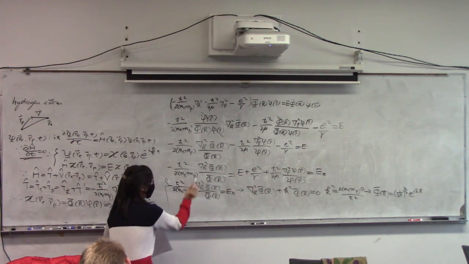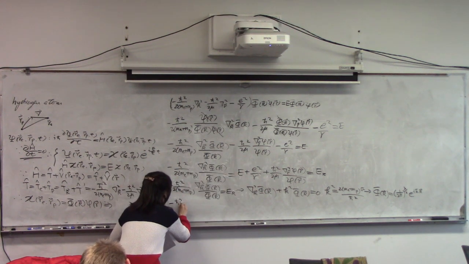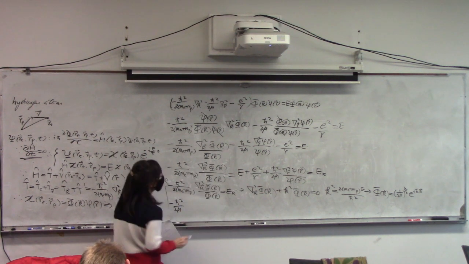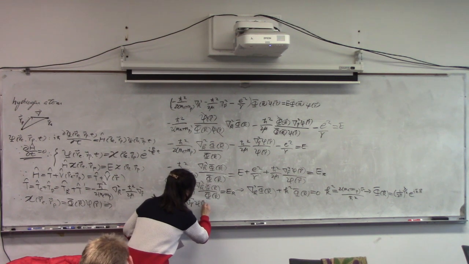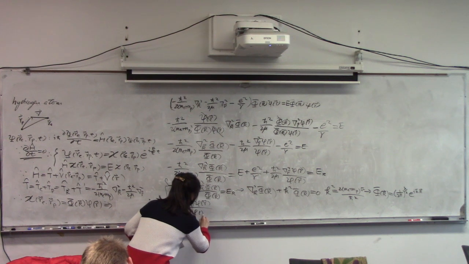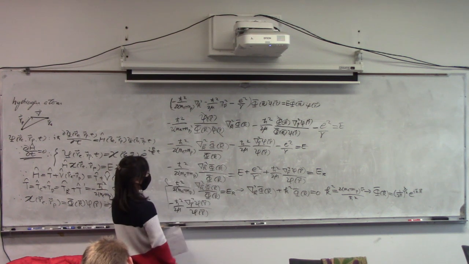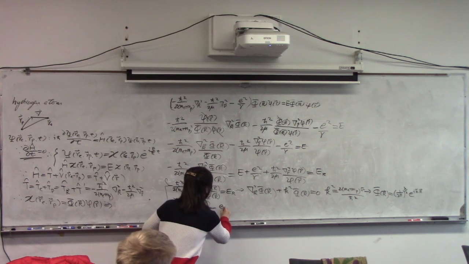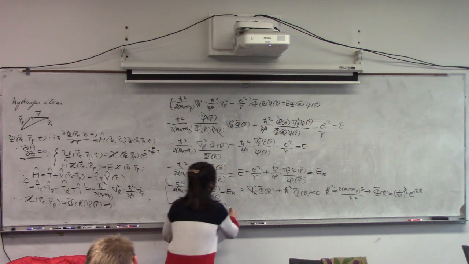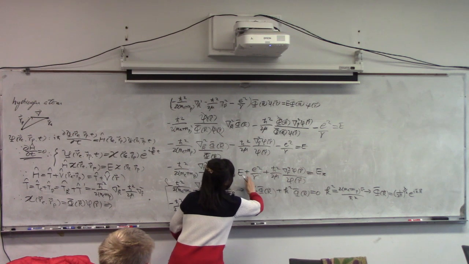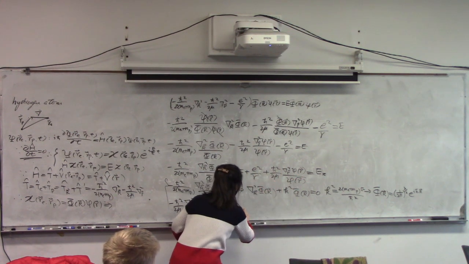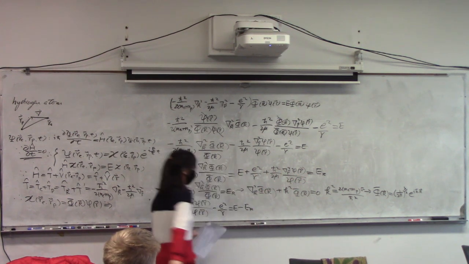So then the second part is minus h bar squared over 2 mu, right? This is for the relative function, the function for the relative coordinates, minus e squared over r equals E. I move this term to the right-hand side, so that it is E minus E_R, capital R, right?